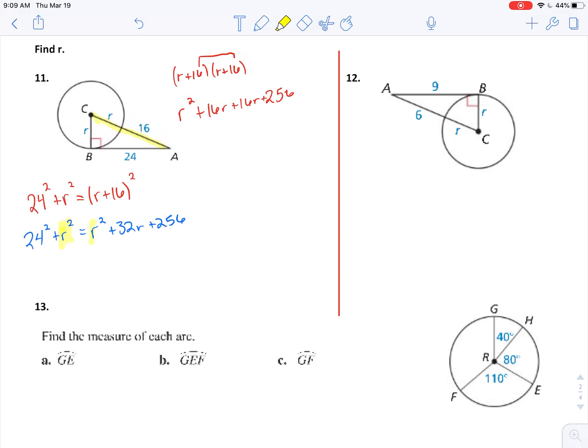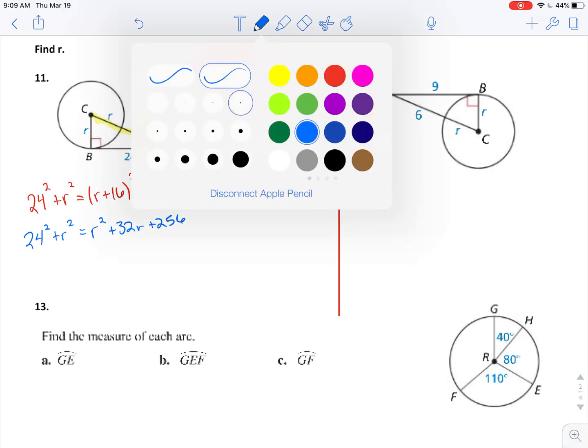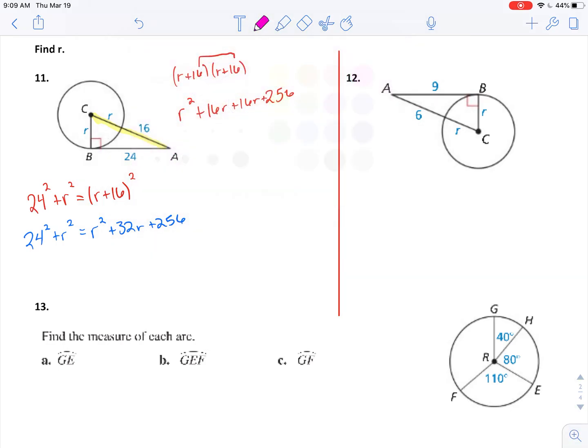Now let's look for some like terms that we've got. Well, I've got an R squared and an R squared. So I can subtract R squared from both sides. And you know what? Let's simplify that 24 squared while we're at it. 576 equals 32R plus 256.